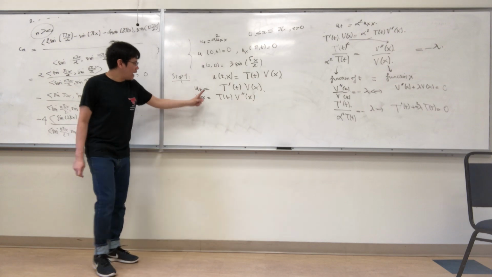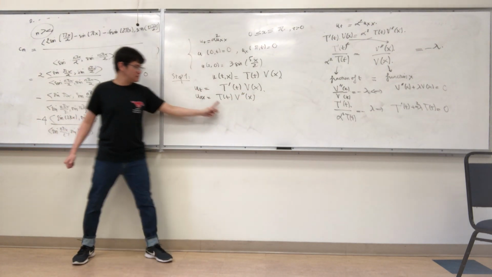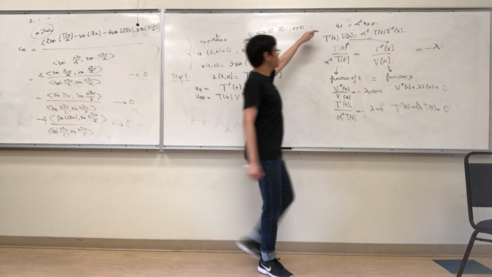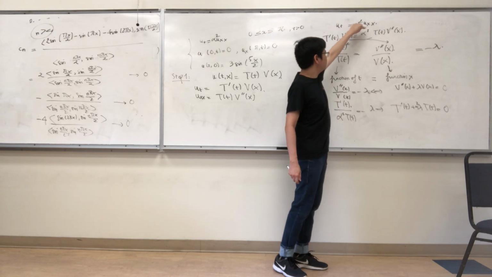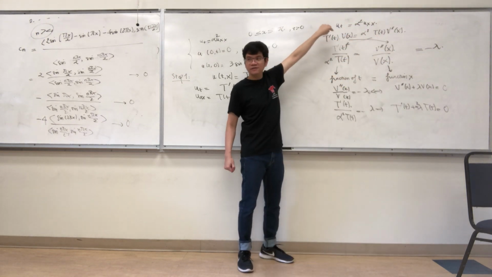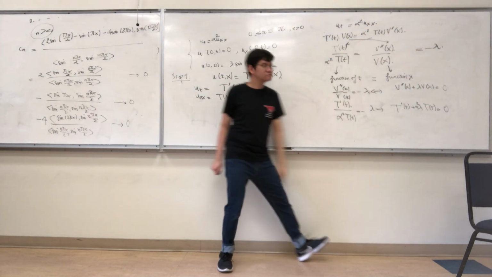So I have u_t is T' V, and u_xx will be T V''. So I plug it back to this equation. I have T' V equal to alpha squared T V'', because u_t is T' V and u_xx is T V''.